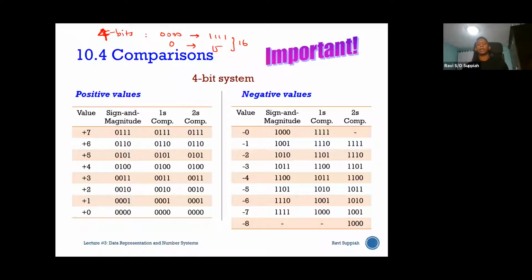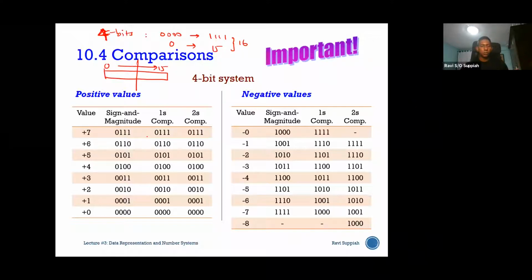So now I'm going to split the range into two. This entire range 0 to 15, I'm going to cut in half, because now the most significant bit is going to represent my plus or minus.